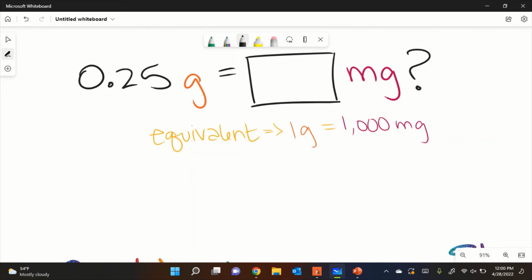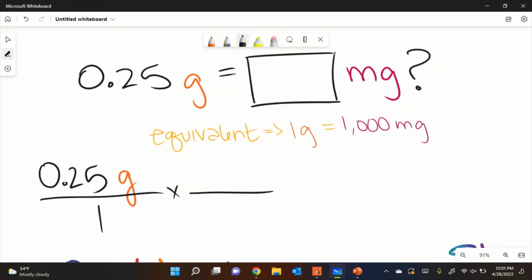We always take what we're given, 25 hundredths of a gram, and we put it over 1. Now it's time for that age-old question, right? If this unit is here, what unit must go there? The answer is always the same unit, so the answer is grams.